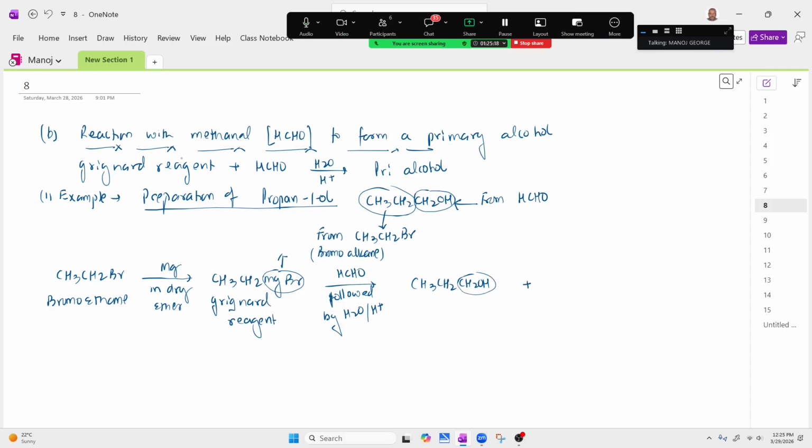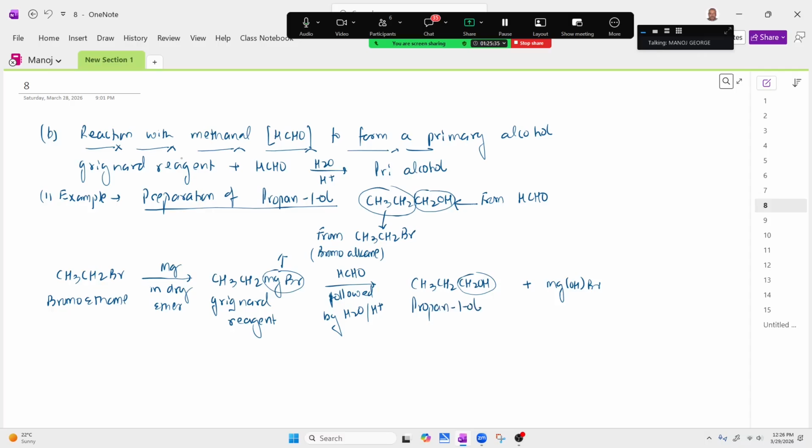Yes, I will get as usual my secondary product, which still continues to be magnesium hydroxybromide everywhere. But that is not our concern. Okay, so this is propan-1-ol.